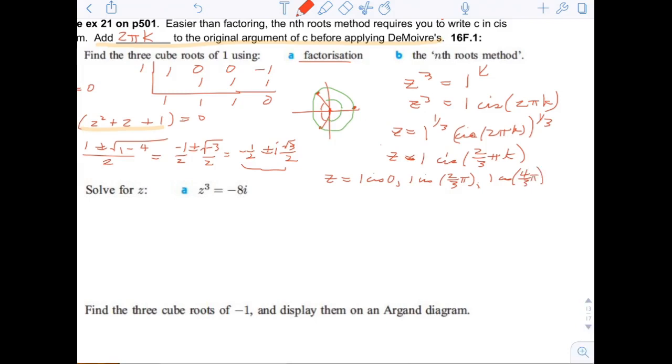And you can see that these three roots, which are 1, and negative 1/2 plus i times square root of 3 over 2, and negative 1/2 minus i square root of 3 over 2, are the same as the roots we found over here on the left.